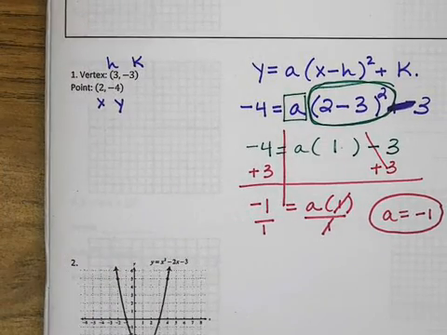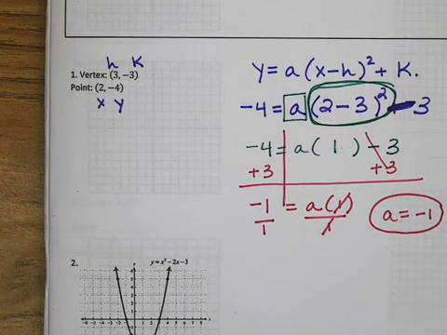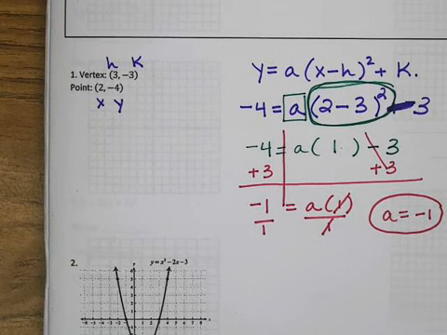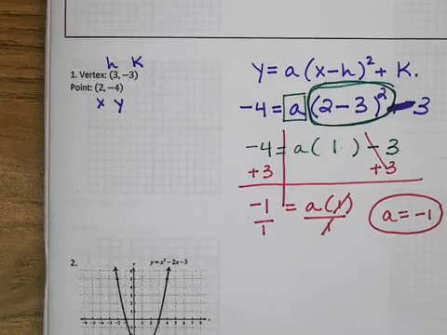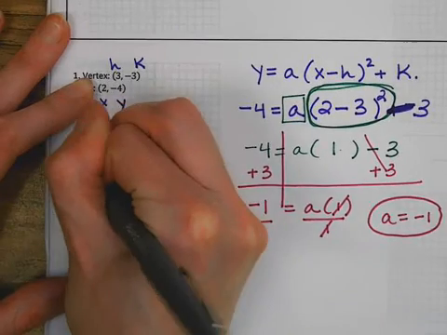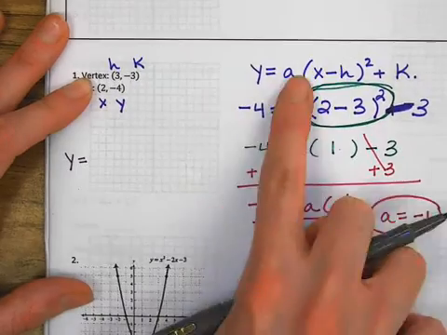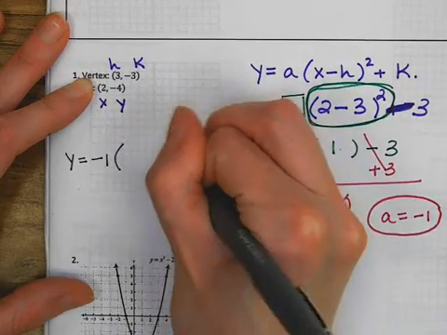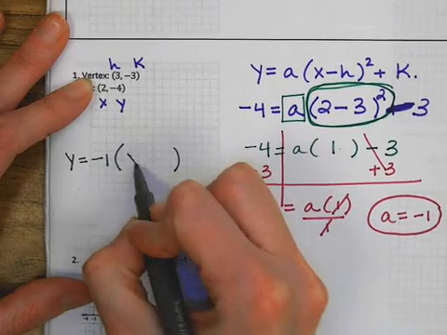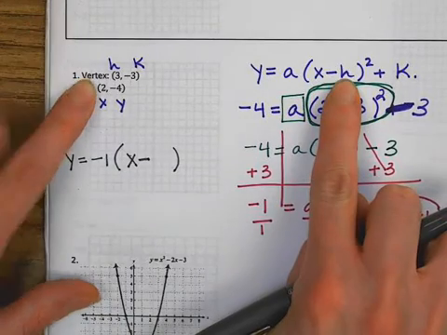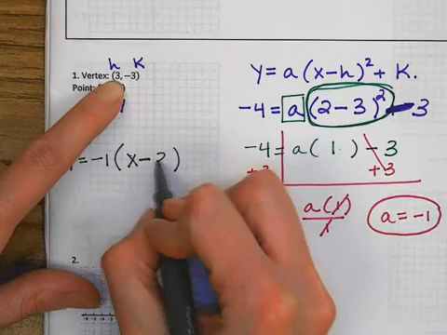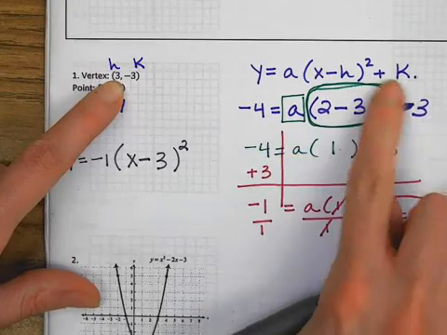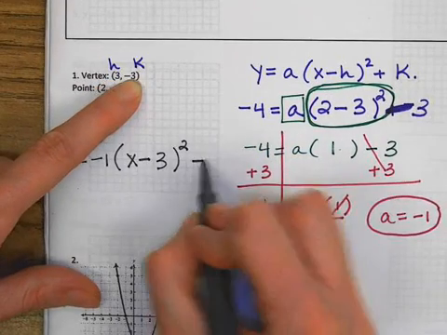Okay, now that we have a, we can write our equation with everything plugged in. So here's your final answer. Y equals, let's plug in a, so -1. And then let's draw our parentheses. X minus, we got to plug in h, so 3 squared, plus k, which was -3.